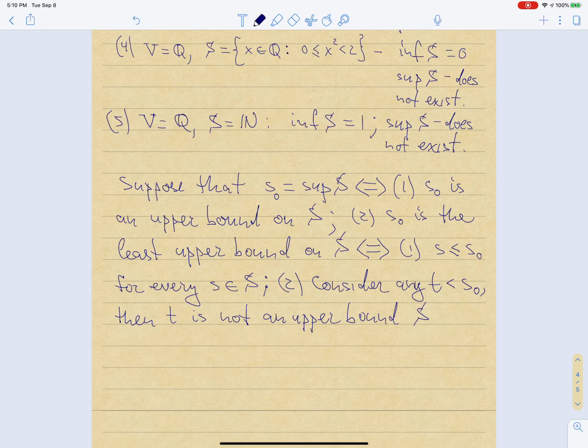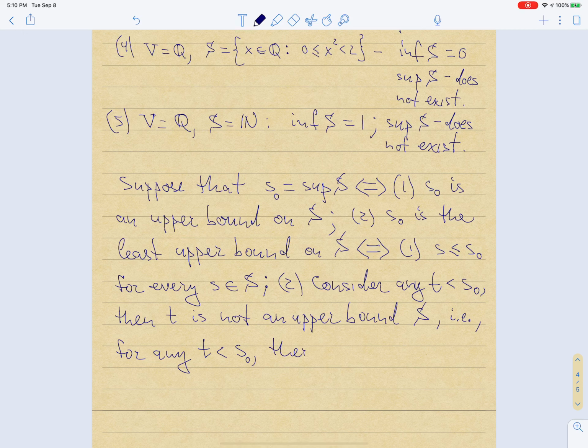And what does that mean? For any t which is less than S0, because it's not an upper bound, I should always be able to find an element of my set capital S which is greater than t.